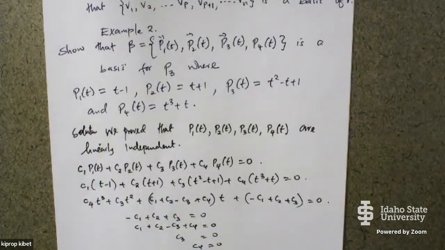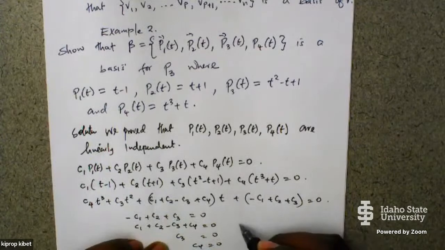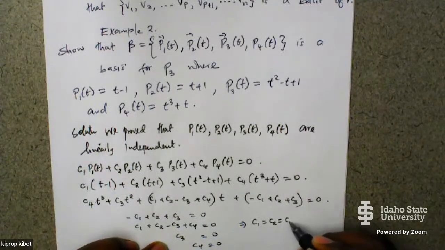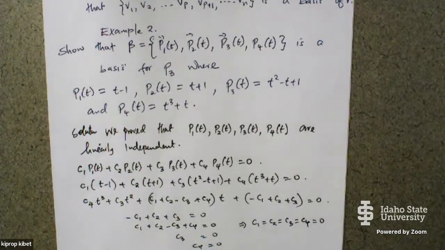Now, what we can see here is C4 equals to 0, C3 equals to 0. When you come and substitute here, then finally what you get is C1 and C2 equals to 0. So basically, C1 equals to C2 equals to C3 equals to C4 equals to 0. All of them will be equal to 0.